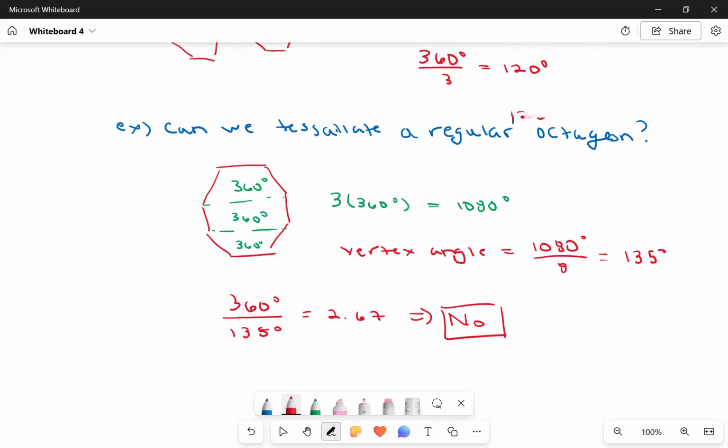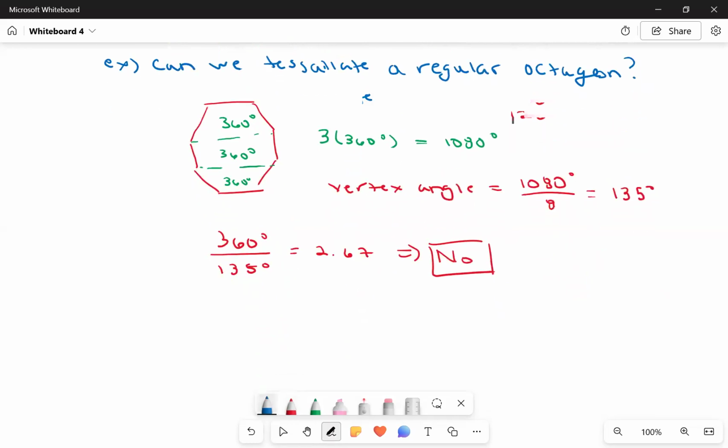That doesn't mean we can't tessellate with an octagon and another shape. In that case, we call that a semi-regular tessellation.